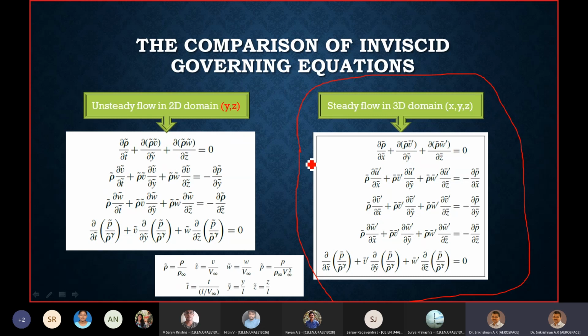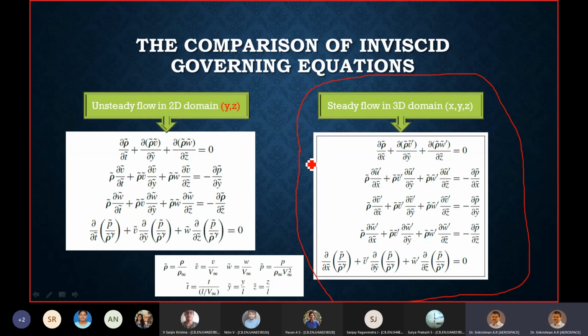So on one side, you have the steady flow 3D domain. This is where we are seeking solutions. These are applicable only to hypersonic flows. Please remember that. The perturbation equations, the way that we derived them, are applicable only to hypersonic flow, because the variations or the terms that we neglect become negligible only when the Mach number goes towards infinity.